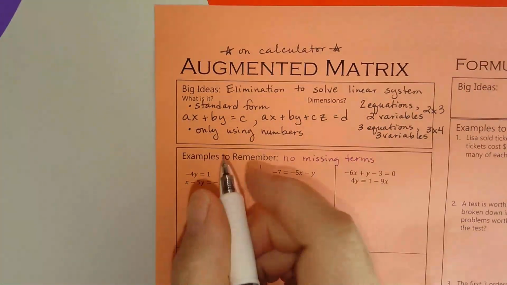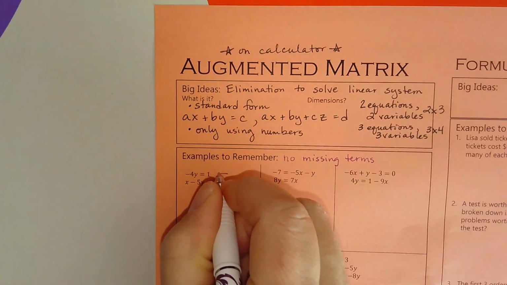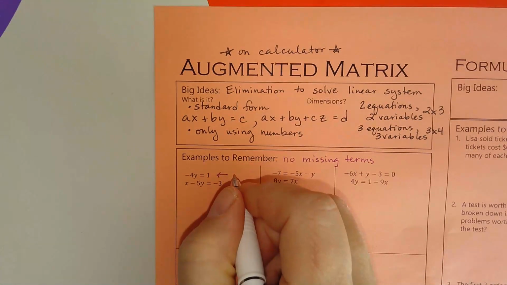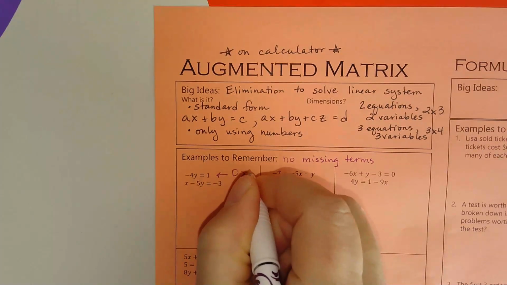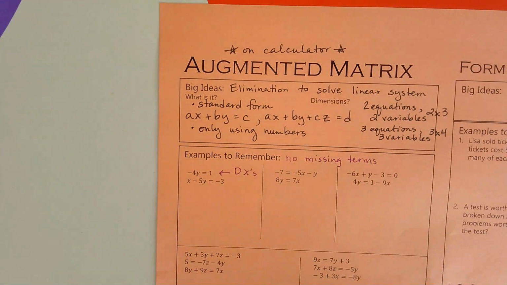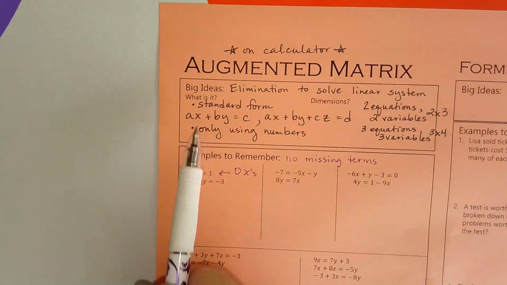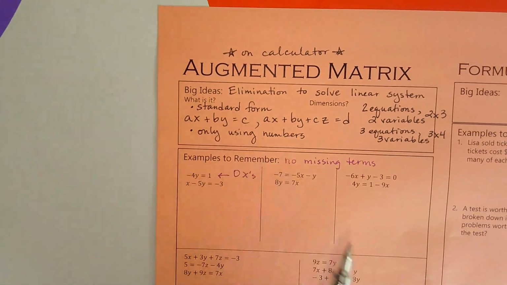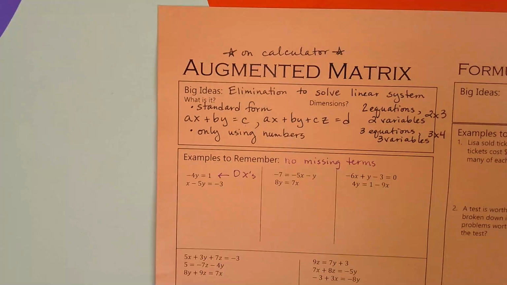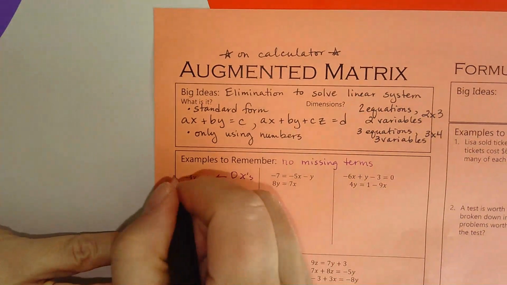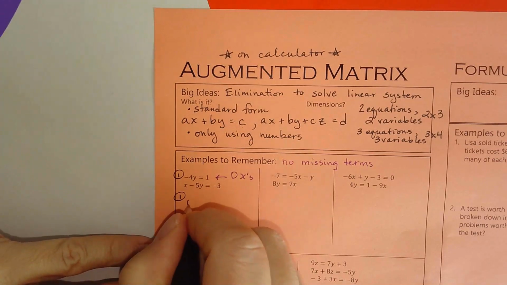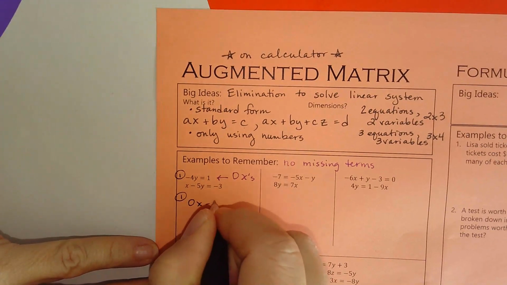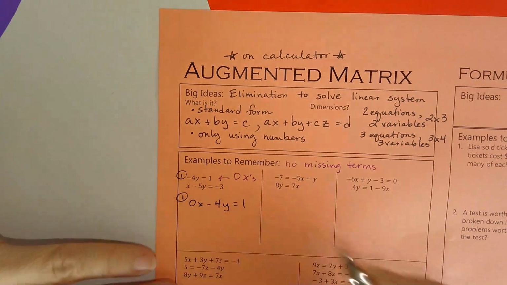There isn't one. If you're missing a term, then you have 0 x's. I just want to make sure that the x and y and what it's equal to are all represented. So I will write this first equation in standard form as 0x minus 4y equals 1.